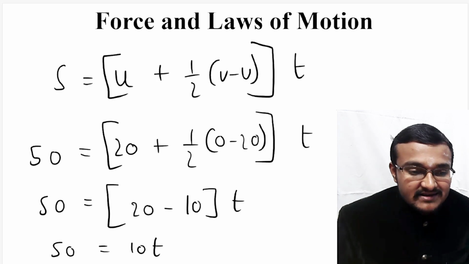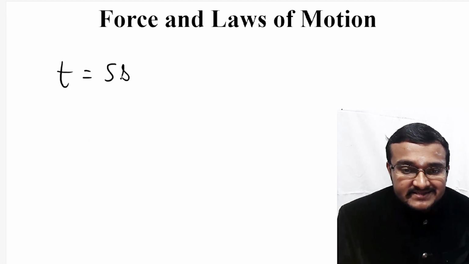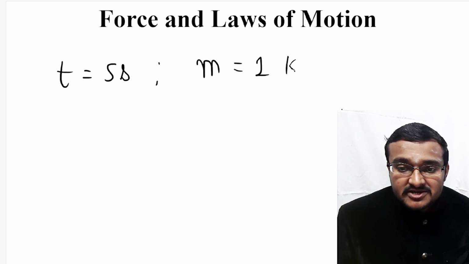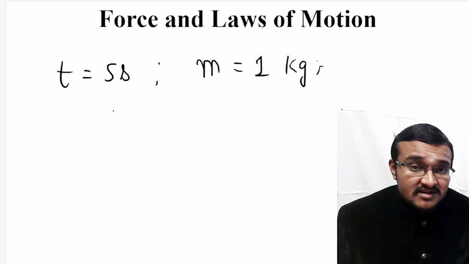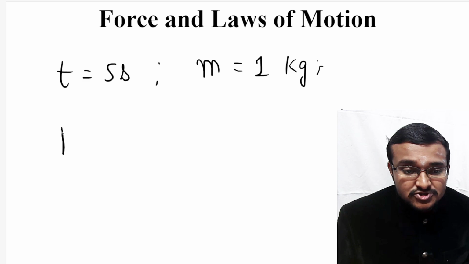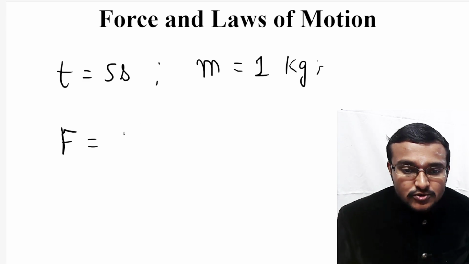Now we can calculate the force. We have got time equal to 5 seconds, and we know the mass of this particular stone, that is 1 kg. So now you can calculate the friction force applied on this particular stone by the ice. Let us call that force capital F. That is equal to mass times acceleration.